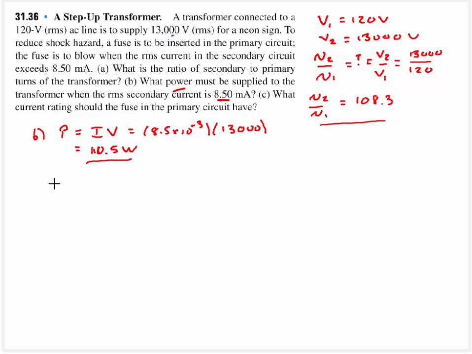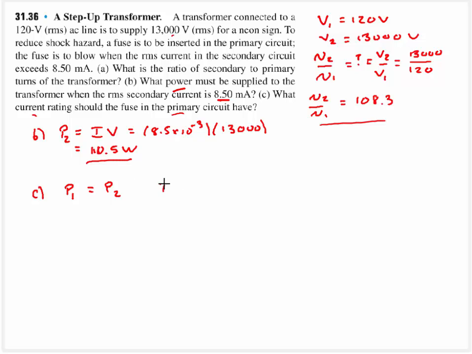So we're going to have 8.5 times 10 to the minus 3, that's the limiting current. And we know that we're running it at 13,000 volts. And so we're going to get this average power to be 110.5 watts. Now part C, it says what current rating should the fuse in the primary circuit have. Turns out that the power and the energy are going to be identical in the primary and the secondary, and so in that case the power in the primary is going to be equal to this power in the secondary.